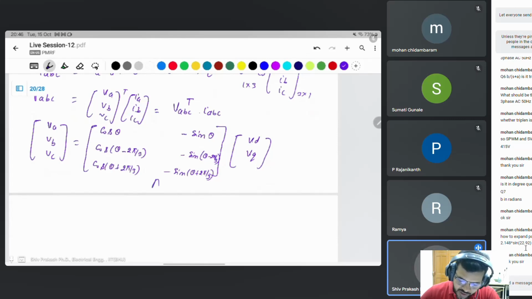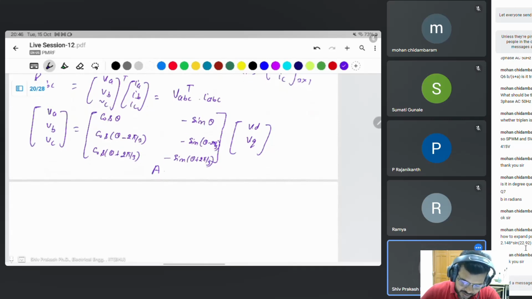Suppose you take this one as a matrix A, then Vabc is A into Vdq. Something similar can be done for the current, then multiply both to each other, then we get the final answer.